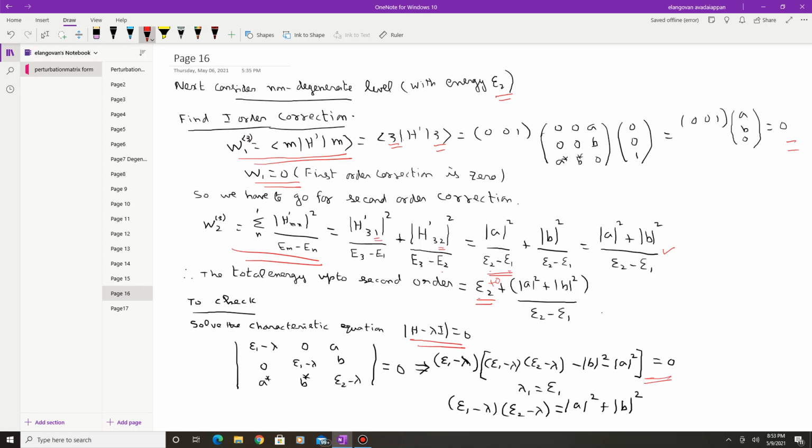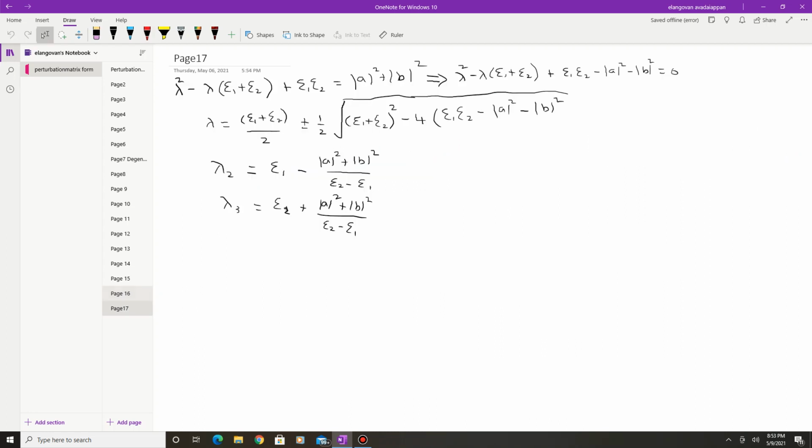And here there are two values. One value is lambda equal to E1. The rest of the equation becomes like this. So the characteristic equation becomes like this, and if we solve it, we have two values: E1 minus mod A square plus mod B square by E2 minus E1, and lambda 3 is E1 plus mod A square plus mod B square by E1.